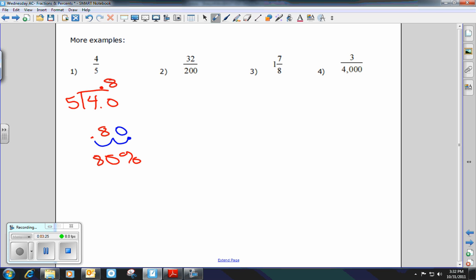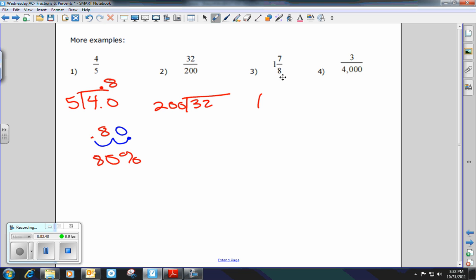Okay? I want you to do number 2 on your own. That's 32 on the inside and 200 on the outside. 32 divided by 200. When we have 1 and 7/8, we're going to do the same thing that we did changing fractions to decimals. We're going to take the 1 to the side and do 7 divided by 8 to get our decimal.